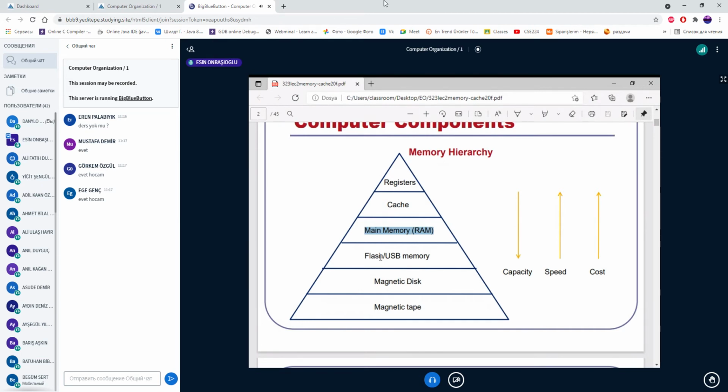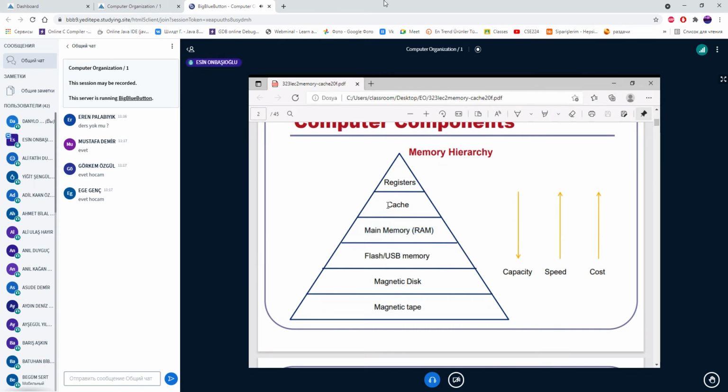You know the size of your USB sticks, and if you compare it to the size of the RAM on your computer, you'll see the difference. And magnetic tape, you can store the data that you want to archive on a magnetic tape because it is very, very slow. So in this pyramid, if you go up, the access speed increases, but the capacity decreases. And also the cost of these memory types, if they are fast, they are expensive. The slow ones are cheap.